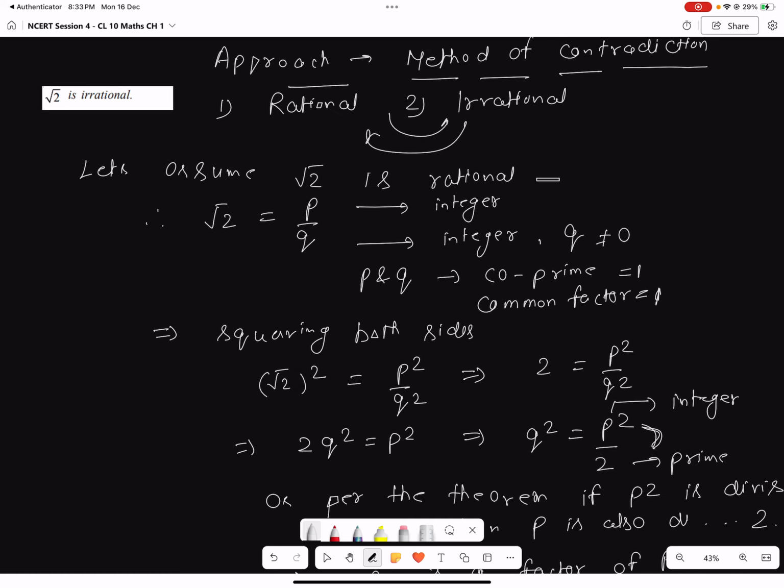And you all know, because you have studied in class 9 also, if a number is a rational number, then we can actually write it down in this form, p upon q. P is an integer, q is an integer, q is not equal to 0, and they are co-prime, so their common factor would be 1. So these are the properties of a rational number.